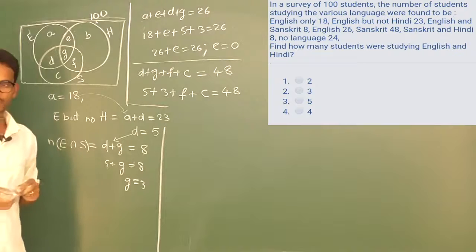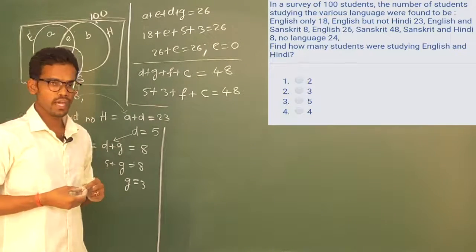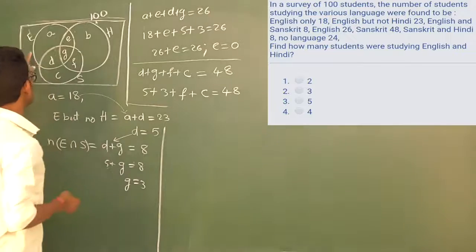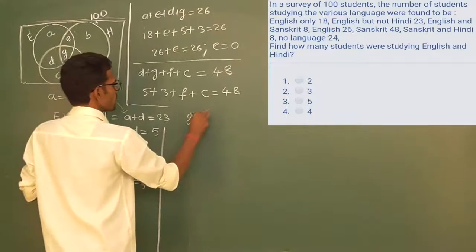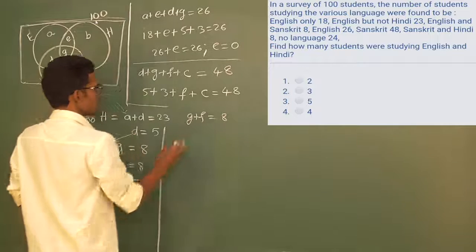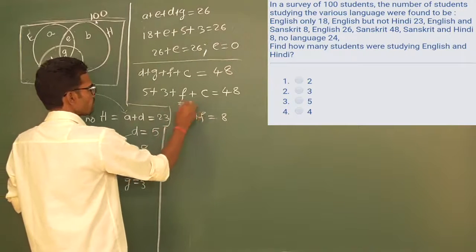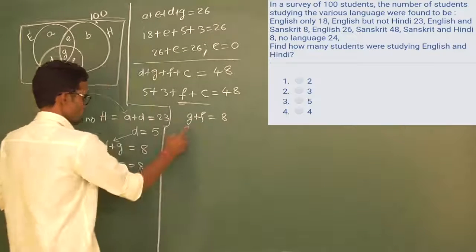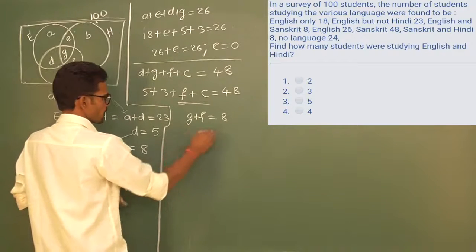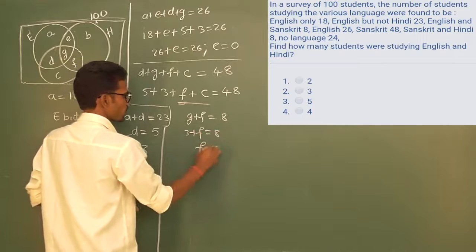This is given. Then they are giving Sanskrit and Hindi is equal to 8, which means G plus F is equal to 8. So, from this can we find the F value? Here the F value and C value are required, so we don't know F, so let us find it from this. G value I already know is 3. If I send this to that side, 3 plus F is equal to 8, so F is equal to 5.